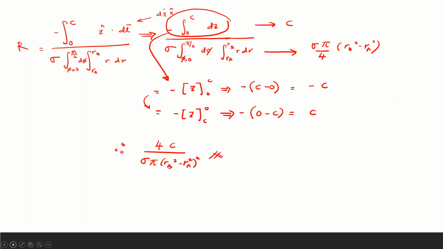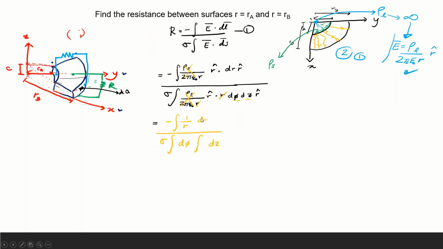Therefore, in this case, since I said the electric field flows from RA to RB, I should take the opposite direction to give a positive answer, so the limit is from RB to RA.